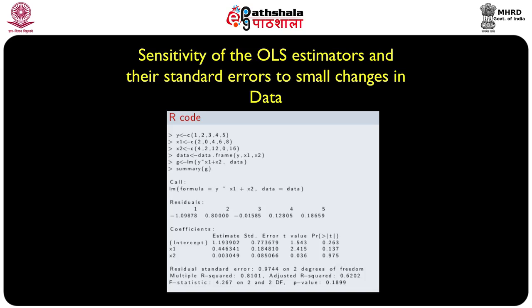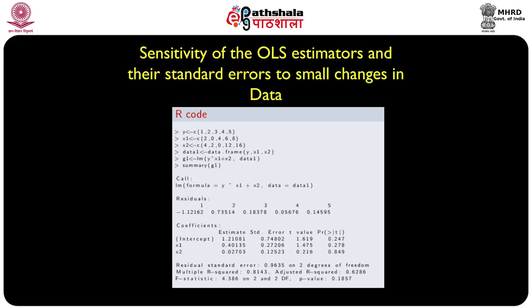On the next slide, we see the R code and output of fitting the second regression model to the second dataset using the same steps as before, and we look at the summary of the now fitted regression model, which gives us the estimates, standard errors, and the p-values corresponding to each regression coefficient, including the intercept.